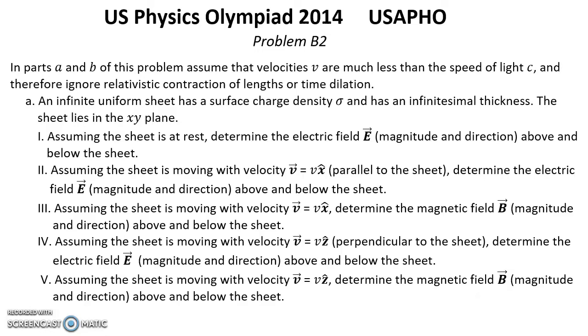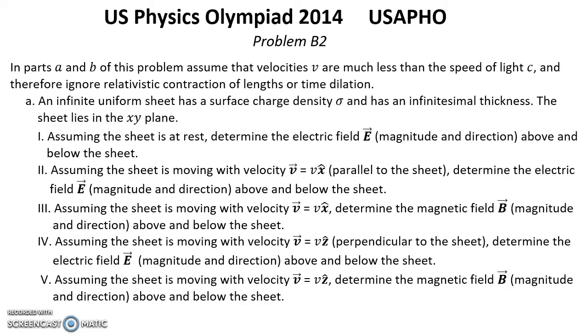US Physics Olympiad, year 2014, USA PHO. Final exam. Problem B2. In parts A and B of this problem, assume that velocities v are much less than the speed of light c, and therefore ignore relativistic contraction of length or time dilation.